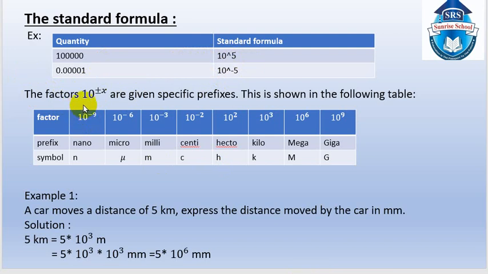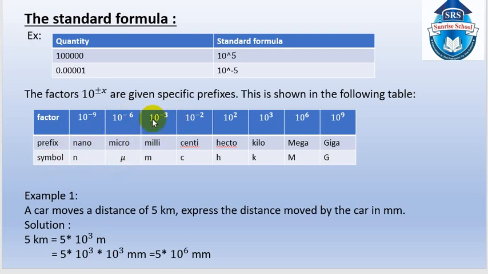The factors 10 power positive or negative x are given specific prefixes. This is shown in this table. Nano, the factor 10 power negative 9, its symbol n. 10 power negative 6, micro, symbol mu.